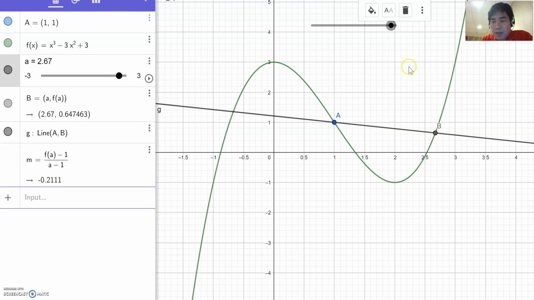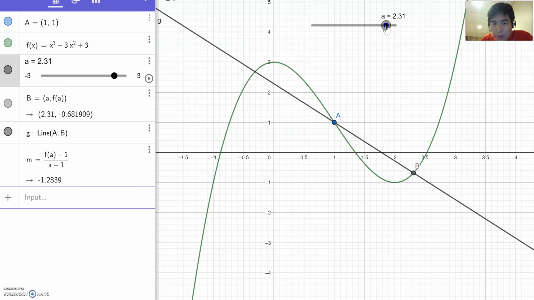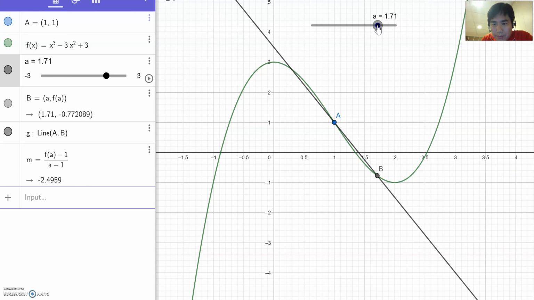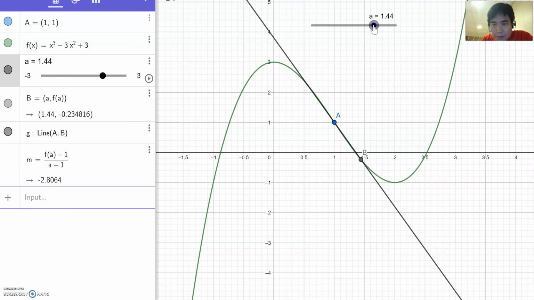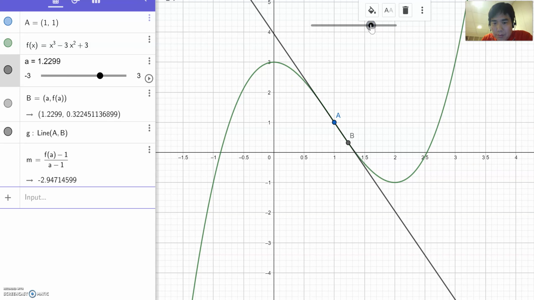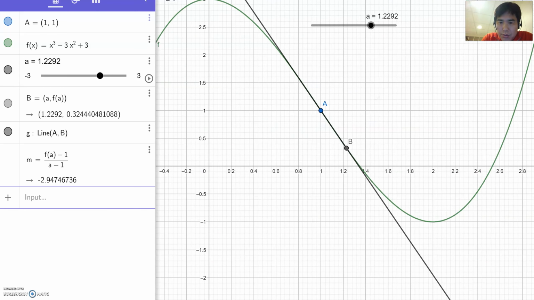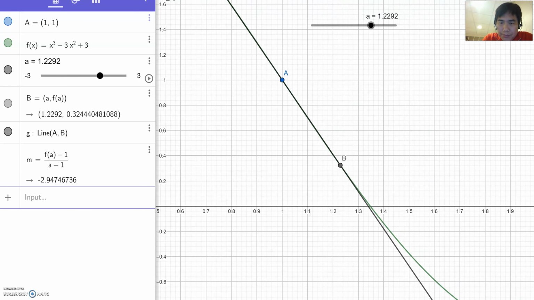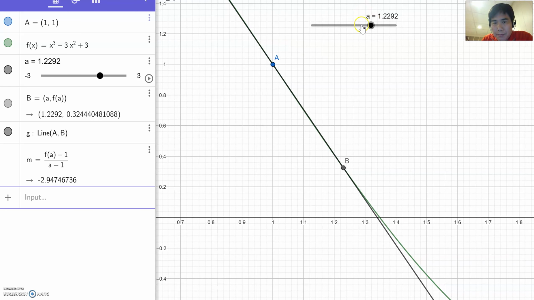Because B is on the right side, I'm going to move it toward A here. Let's keep on moving. I'm going to zoom in more and go toward A.